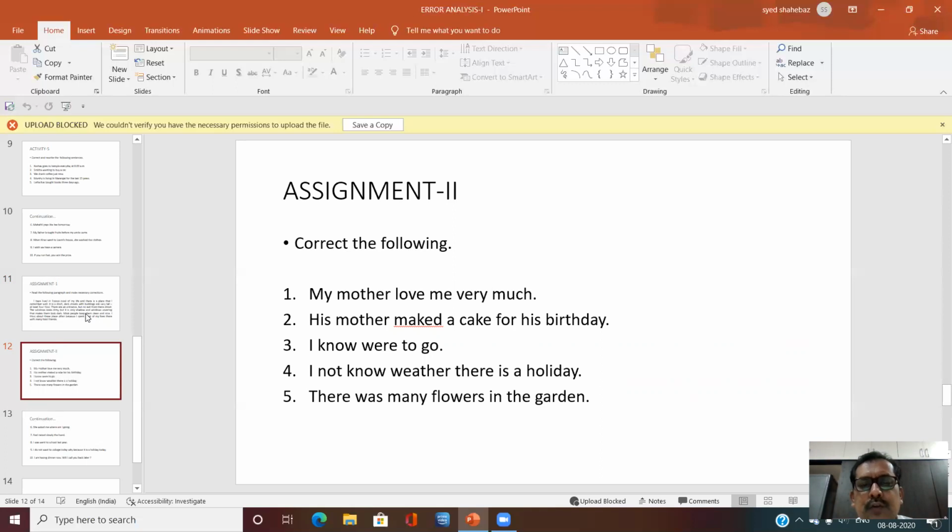My mother loves me very much. His mother made a cake for his birthday.